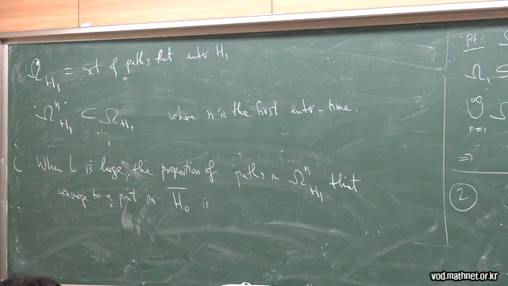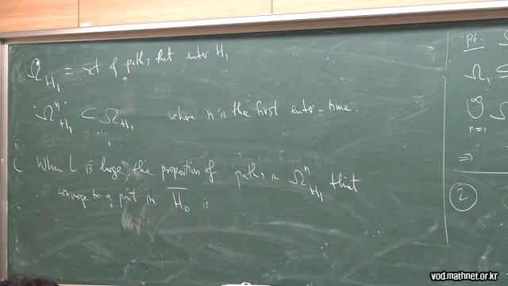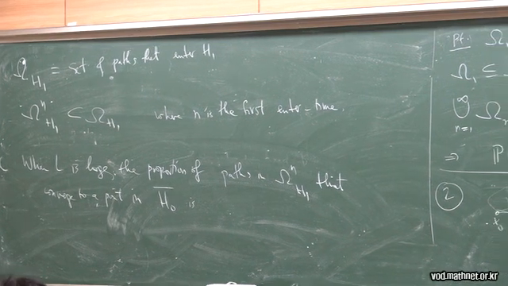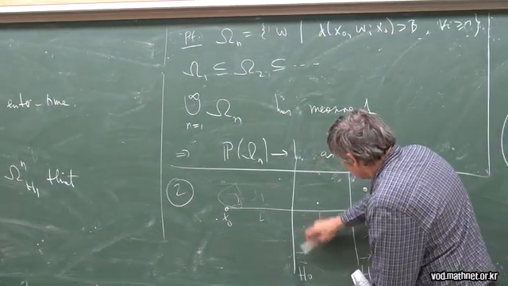If I wait n steps and I find myself inside this half space h1, here I am, and I'm wondering what is the probability that my random walk will converge to some point in the closure, h0 bar.